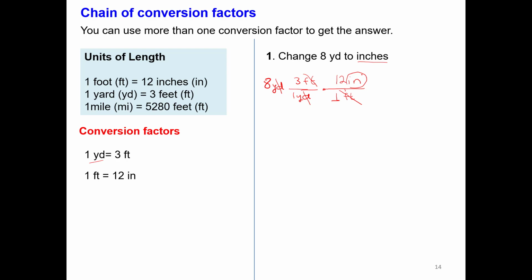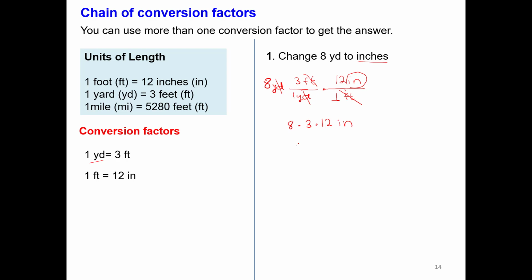Let's now solve this one. 8 times 3 times 12, divided by 1, which we don't need to write, and the unit is inches. 8 times 3 is 24. 24 times 12 equals 288.